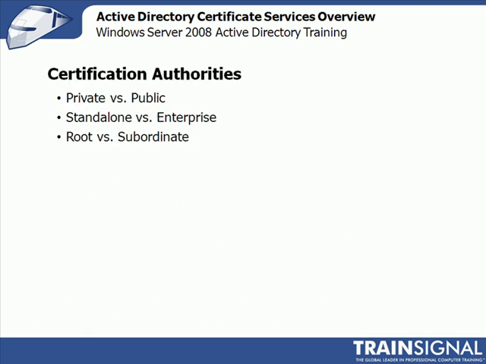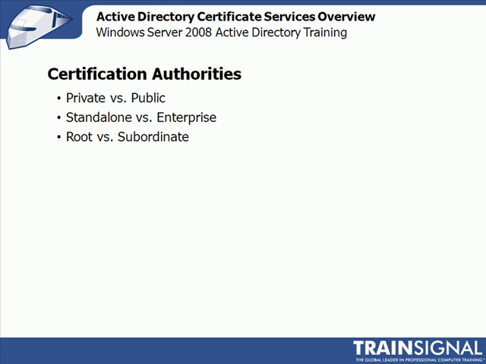Now let's go back and talk a little bit about certification authorities. There are a few different things that you need to consider when it comes to certification authorities. The first thing is, I mentioned a few moments ago that the CA, or the issuer of a certificate, needs to be a trusted entity. So when determining who the issuer of your certificates is going to be, you need to decide if you want it to be a private CA.